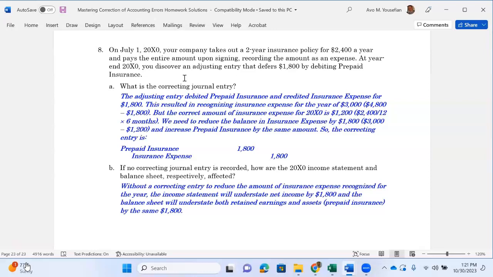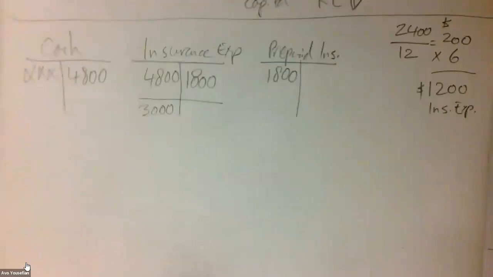But how much insurance expense do we have in the T account? Let's look at the T account right now. As you see, we debit cash and credit cash and paid the insurance policy and recorded it as insurance expense. So far, so good. Someone deferred $1,800 of insurance expense and put it in prepaid insurance.